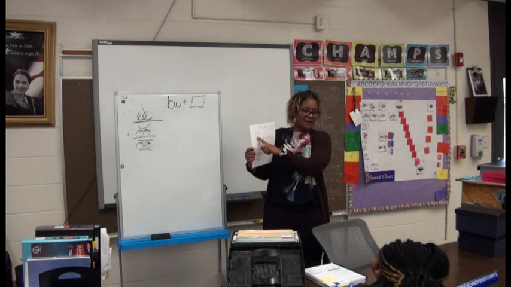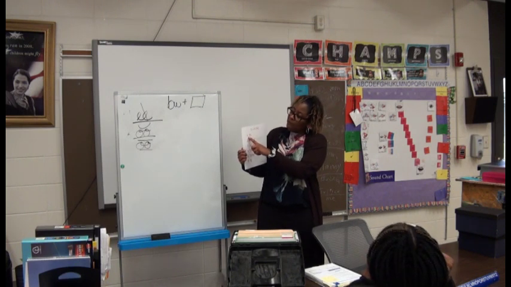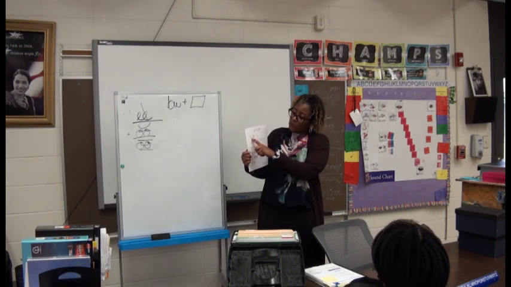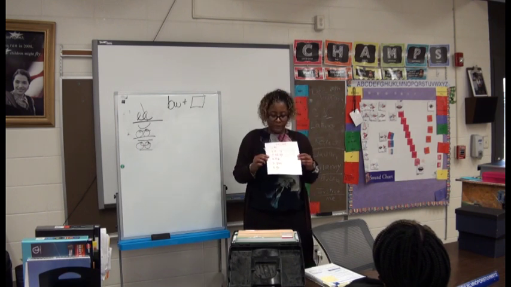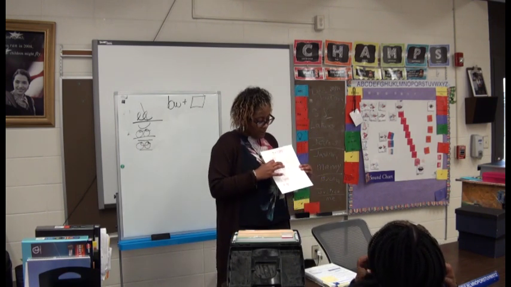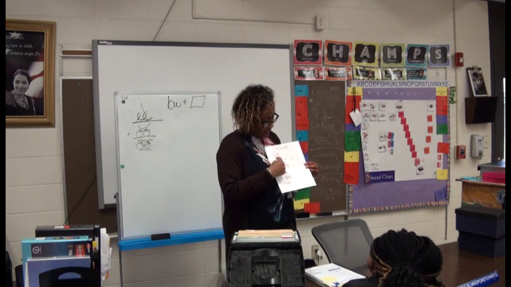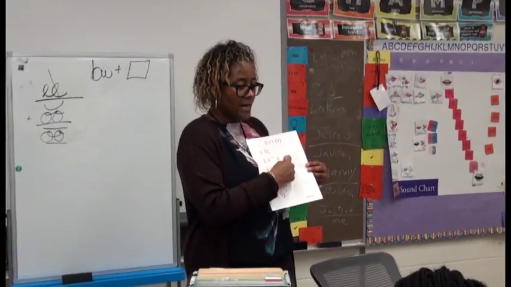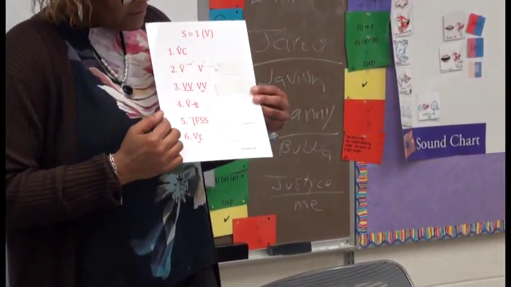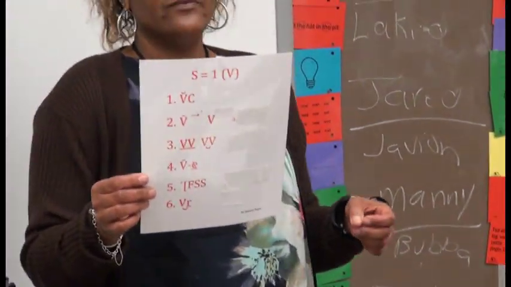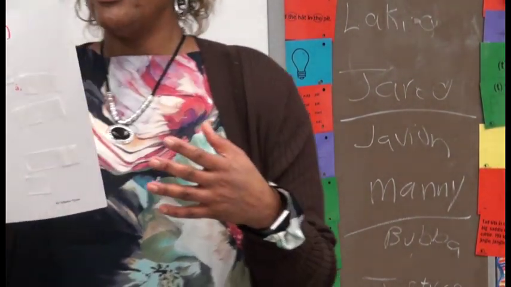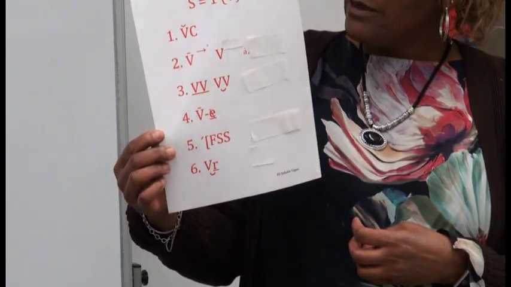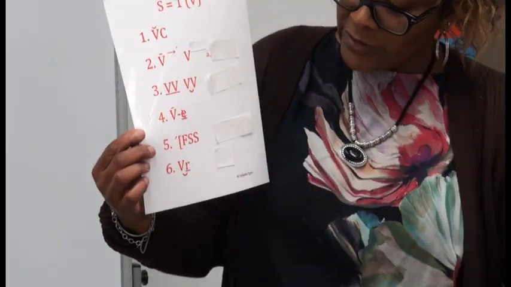When a vowel is followed by a consonant, it's closed and it makes a short sound, so you code it with a breve. When you have a vowel that is open and accented, it is long and you put a macron. And A by itself says uh and it's a tittle. When you have a vowel team, you code it as a vowel team, and two letters that come together to make one sound is a digraph. You code it as a digraph.